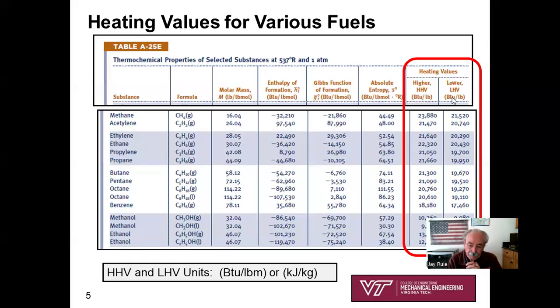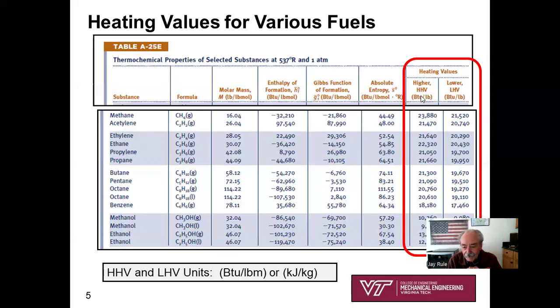If you're asked to find BTUs per pound mole and you have BTUs per pound mass, how can you get BTUs per pound mole? Well, if you know the molecular weight of, let's say, methane, molecular weight of methane is 16 pounds per mole, you would multiply pounds mass per pound mole times BTUs per pound mass.